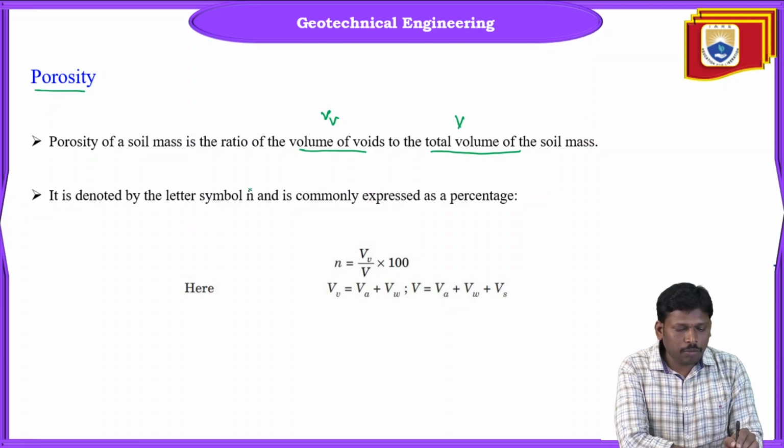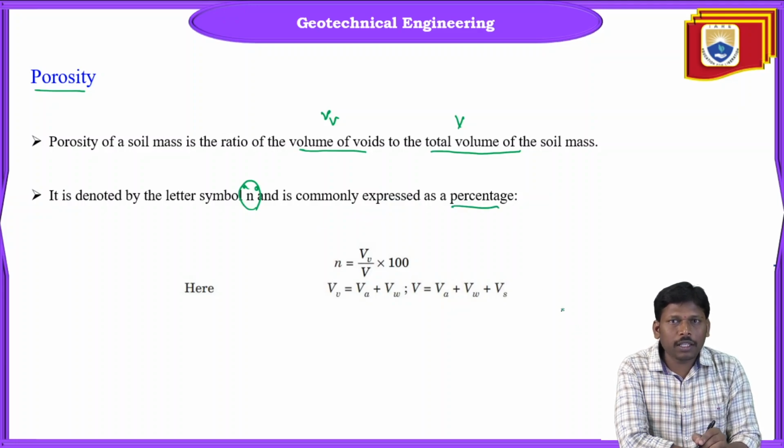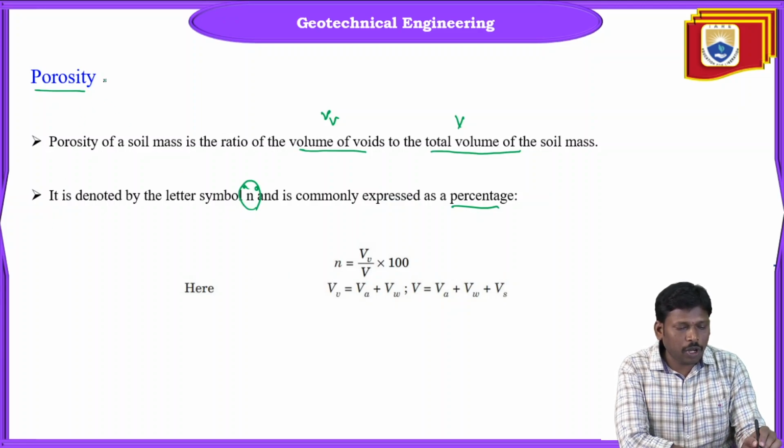It is denoted by the symbol n, and it is commonly expressed in terms of percentages, not decimals. Mathematically, n is equal to volume of voids to the total volume, multiplied by 100.